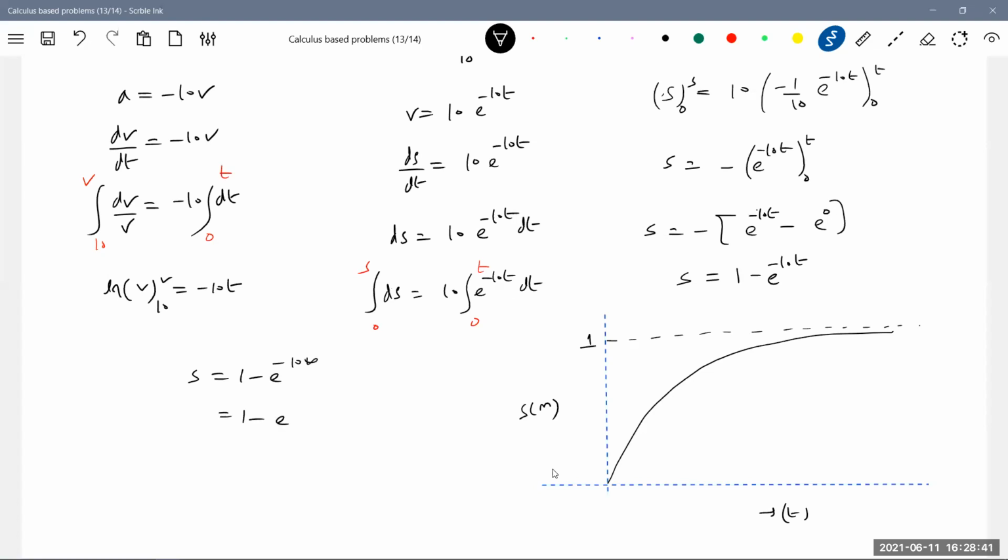Anything multiplied with infinity will be infinity. E to power of minus infinity is 1 by e to power of infinity, which will be infinity in the denominator, so 1 by infinity is 0. Finally, I'll get S equal to 1, this is the maximum value, no? What is this, sir? It will travel only 1 meter. It's an object which is described by this motion.